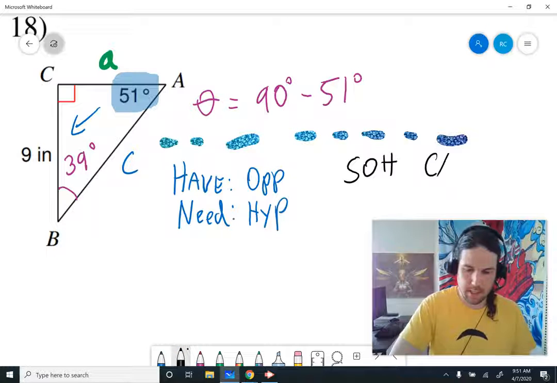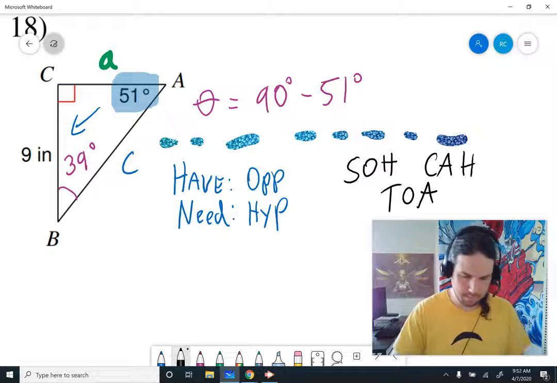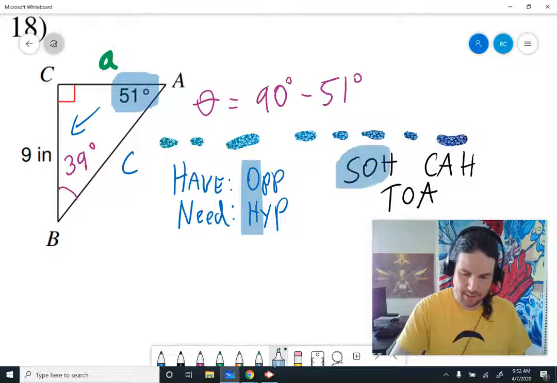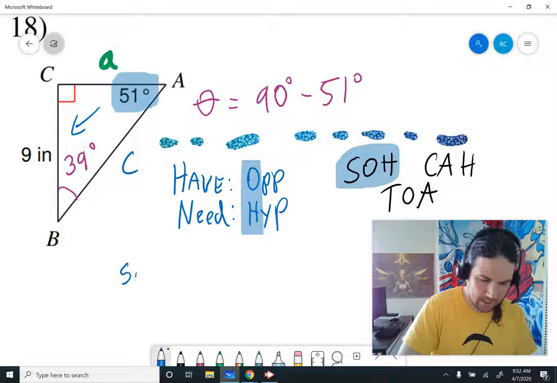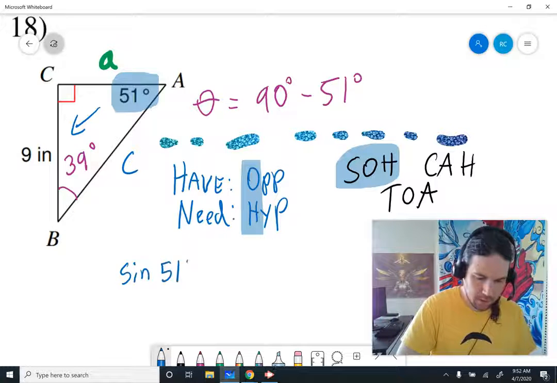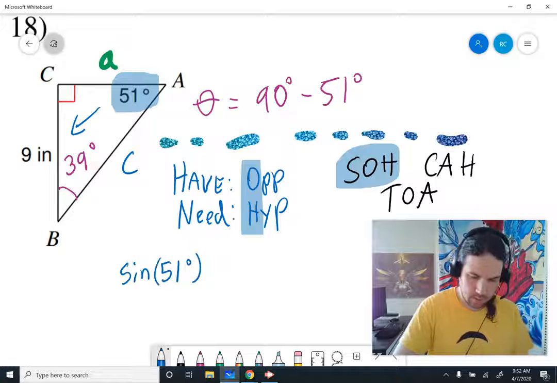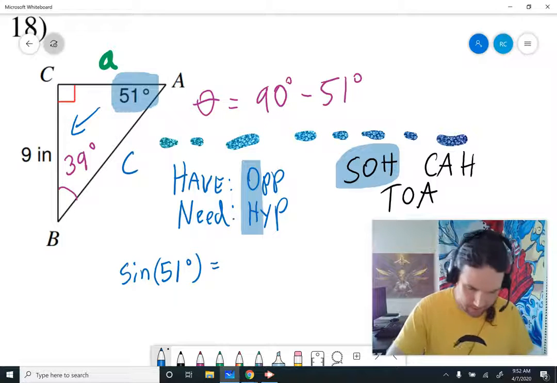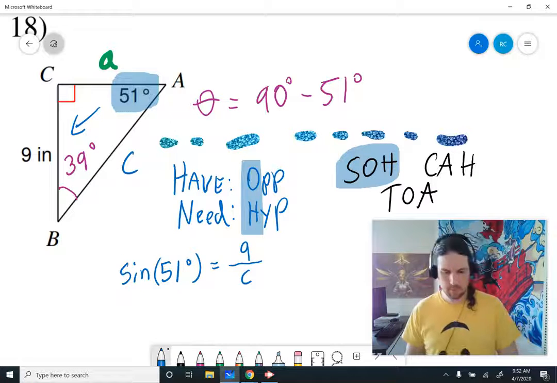So, SOH CAH TOA. Opposite and hypotenuse. That looks like sine to me. So I get sine of 51 degrees equals opposite over hypotenuse. Opposite is 9 inches. Hypotenuse is C.